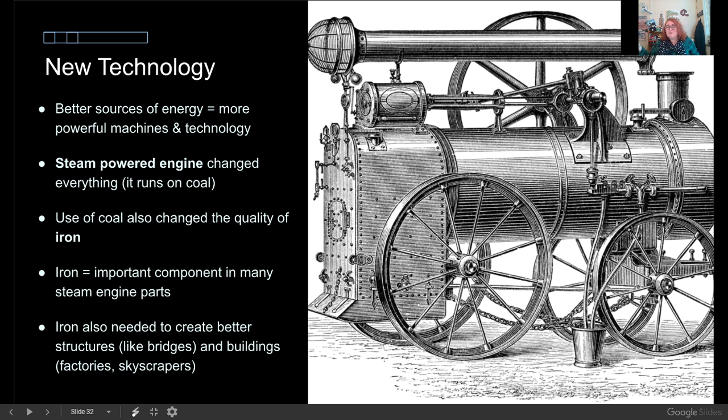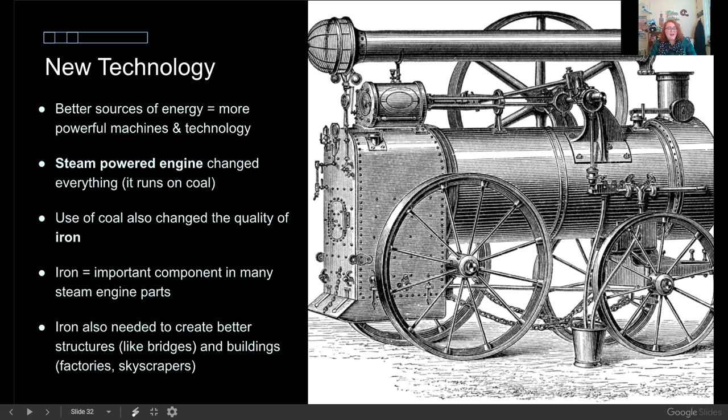I actually grew up on the side of a mountain in Virginia, not that far away from coke ovens. It's still in operation today, and it's an instrumental part in making steel. So iron would end up becoming an important part of these steam engines. Dun, dun, dun. Like everything starts to become cyclical.